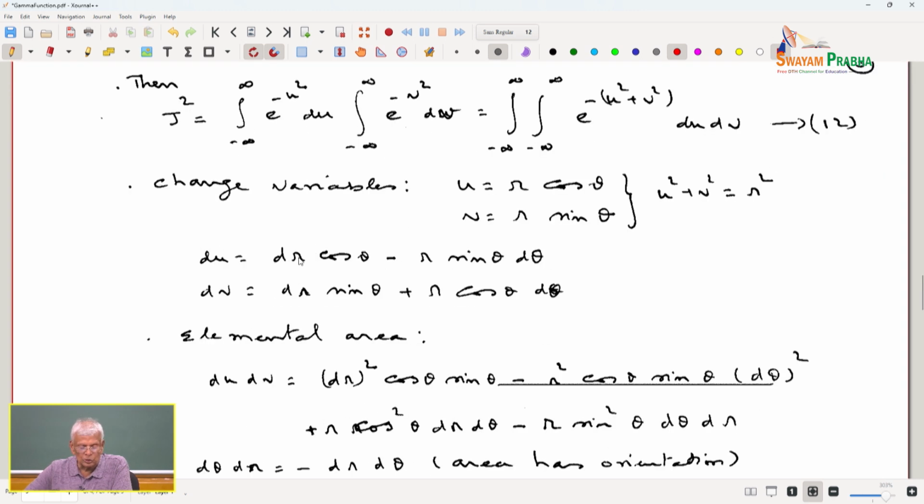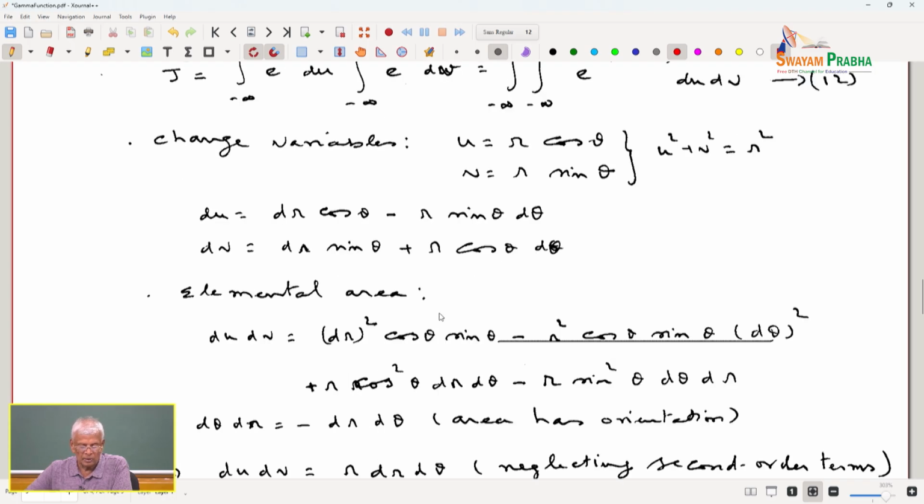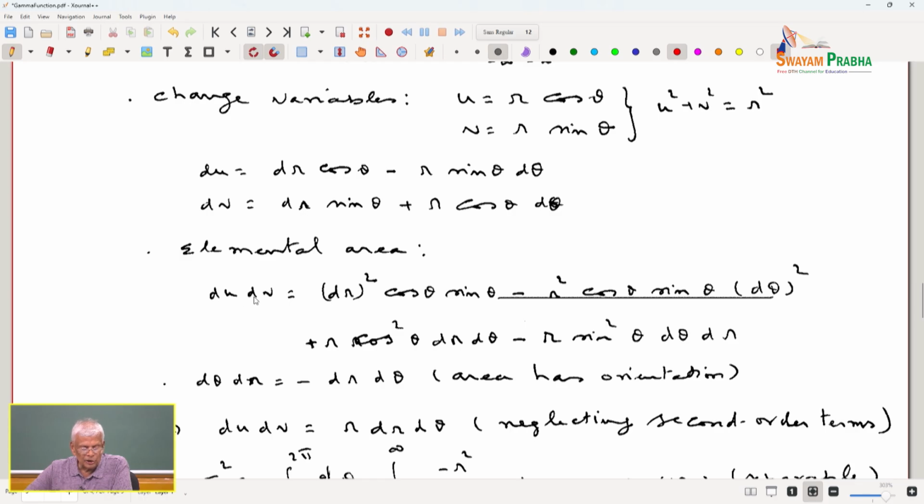So, du is equal to dr cosine theta minus r sine theta d theta, likewise dv. The elemental area du dv is computed in the new coordinates. So, you can see d theta dr is minus dr d theta because dr and d theta are vectors.